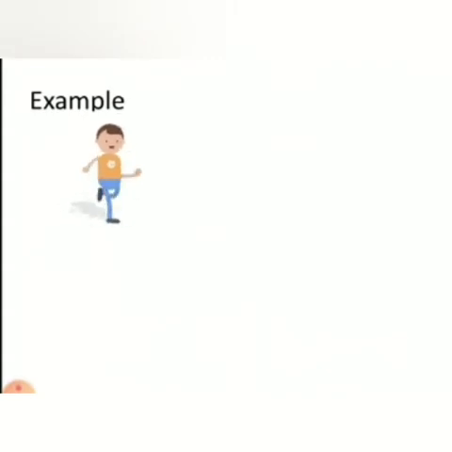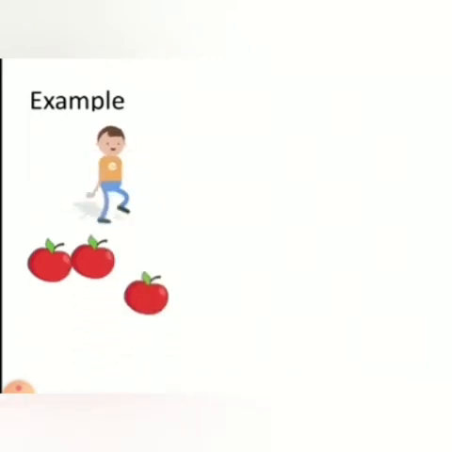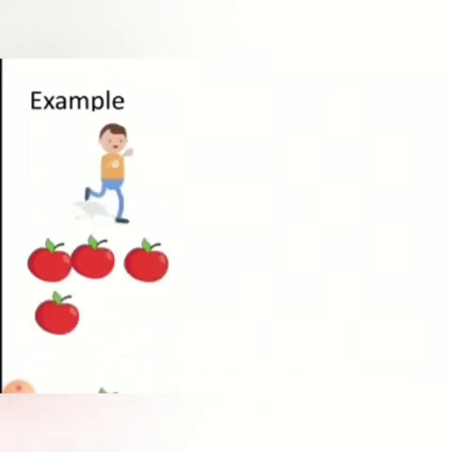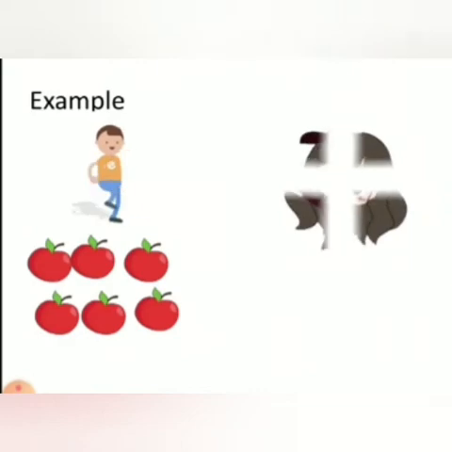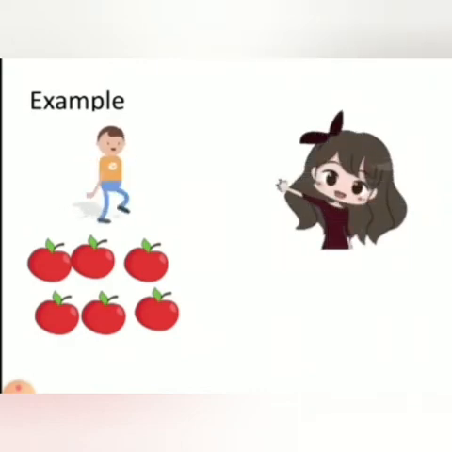Here is a boy who went to the market and bought some fruits. So let us check which fruit it is. It's an apple. 1, 2, 3, 4, 5, 6. He bought 6 apples from the market. He thought to give to his friend, but how many he will be giving? Let us check it. So he has 6 apples.